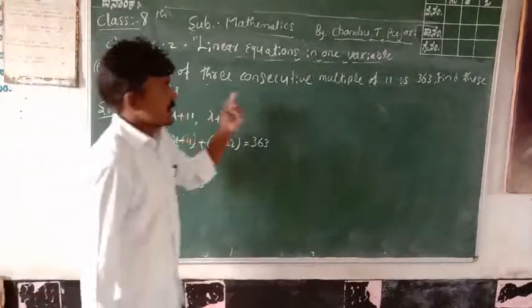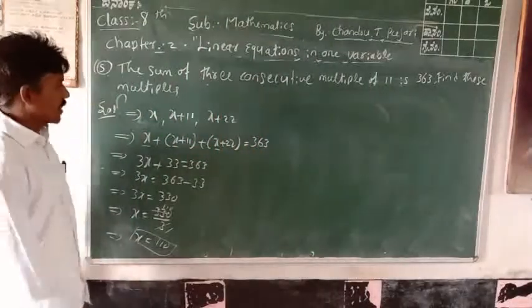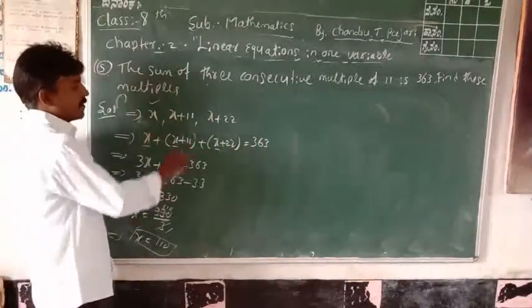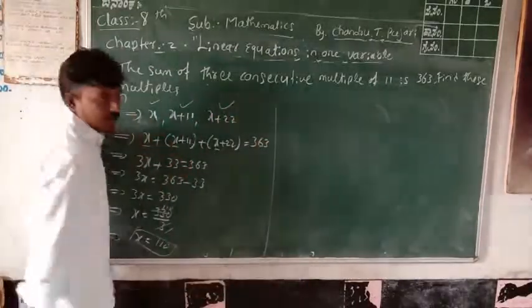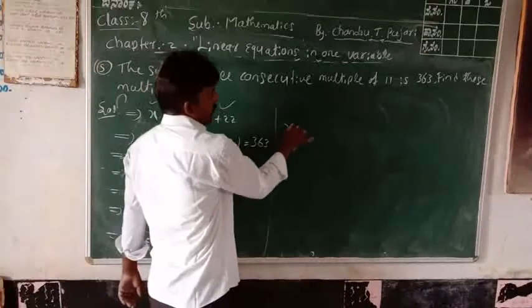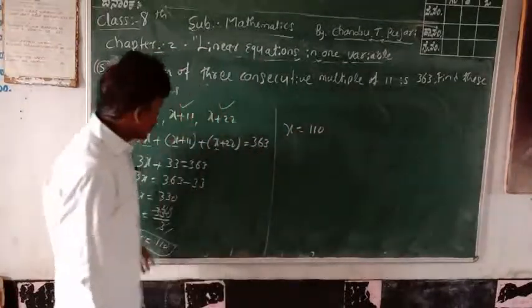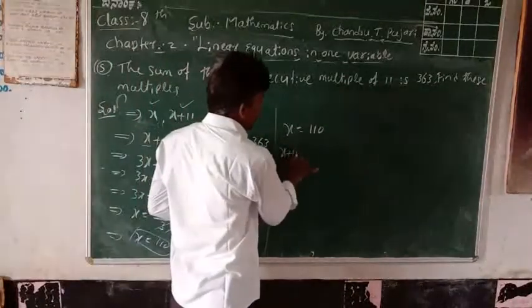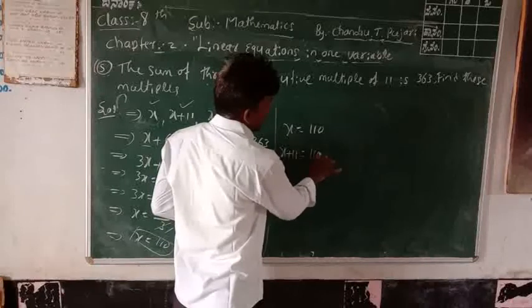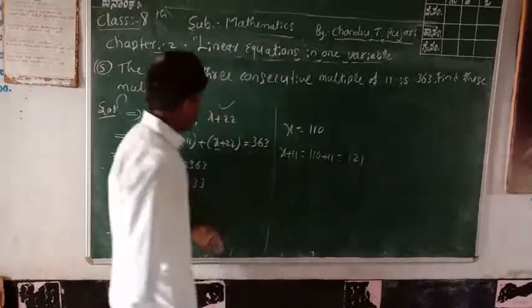The question is to find these multiples. The first multiple is x, the second one is x plus 11, the third one is x plus 22. Therefore, the first number is x, equal to 110. The second one is x plus 11, which is 110 plus 11, equal to 121.